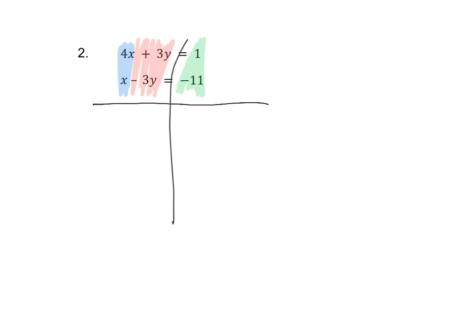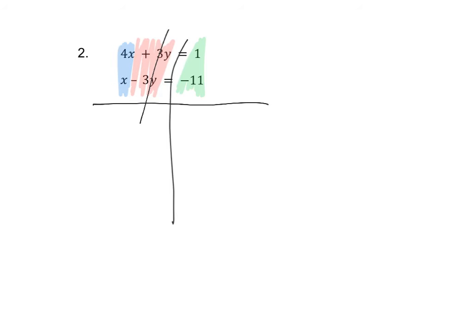What we need to happen is we need one of our variables to eliminate by having opposite signs, same numbers, and we do have that in the y's here. So the y's zero out because we have one positive, one negative, and we have 3's in both the first and the second equations.